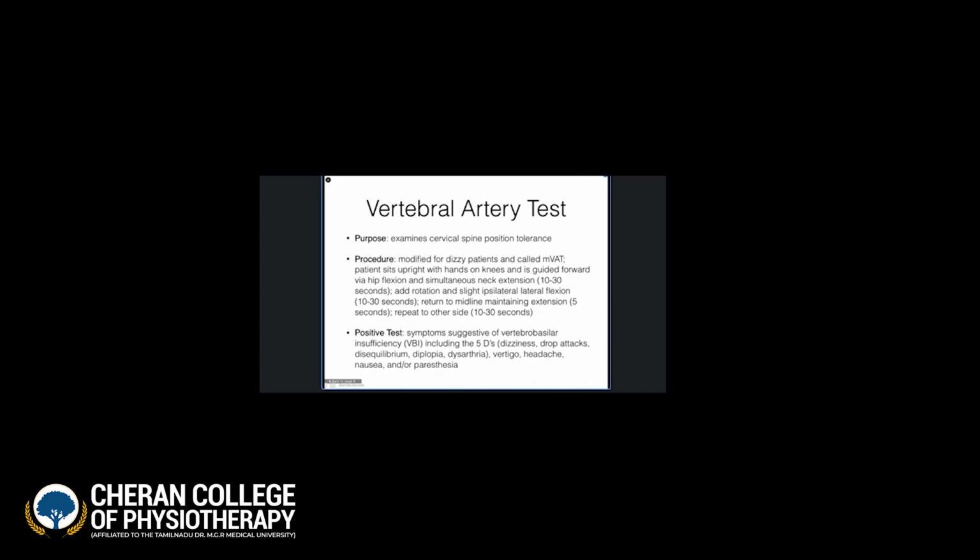Whatever you call it, VA test or vertebral arterial test, it is mainly the VBI test, vertebrobasilar insufficiency test. Always before performing any vestibular rehabilitation, you should do this one. The first is cervical stability, the second is the vertebral artery test.